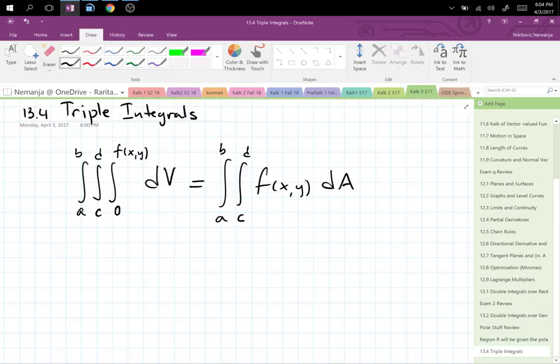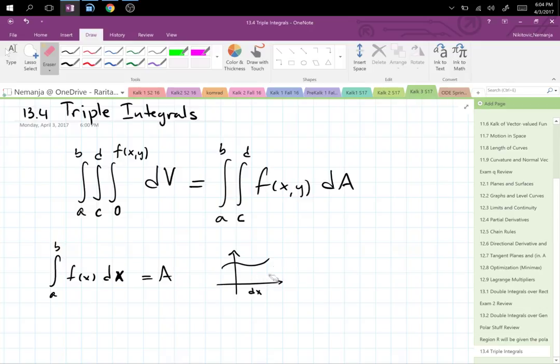So in the past, we had the integral a to b of f of x dx, right? And that was calculating area. And what we had was the representative rectangle dx, which was moving left and right.